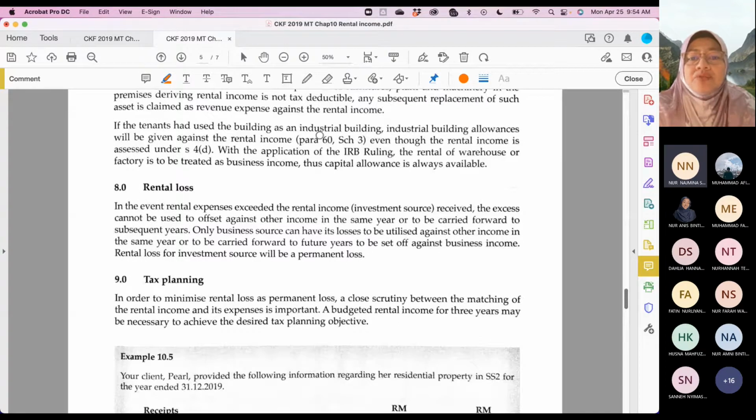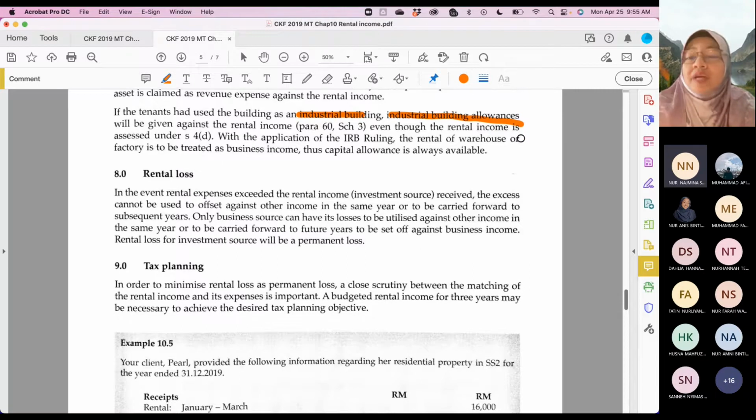So later we look into industrial building. If the tenant uses the building as an industrial building, allowance is given against the rental income. So later we have what we call industrial building allowance. We do this when you do your tax too. It's kind of capital allowance but given on the building.